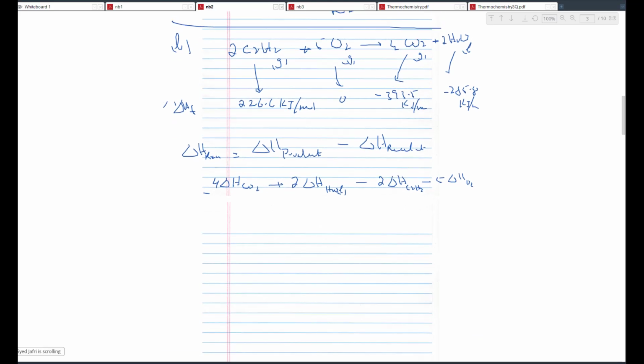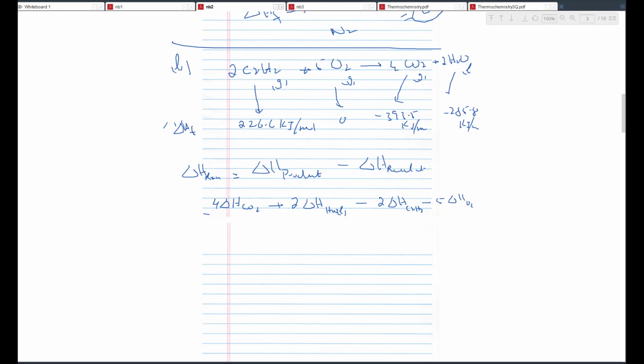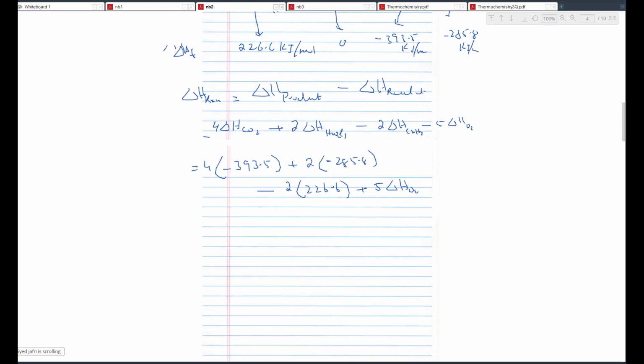Now plug in the values, making sure you multiply by the coefficient. So 4 times minus 393.5, plus 2 times minus 285.8, minus 2 times 226.6, minus 5 times 0, which is 0. Now just do the calculation.